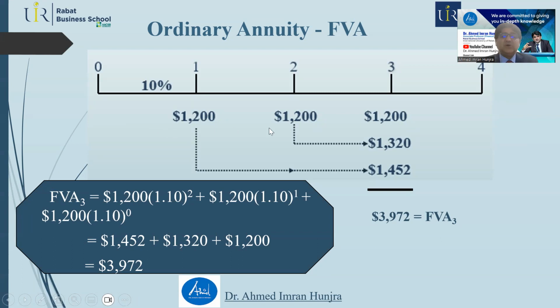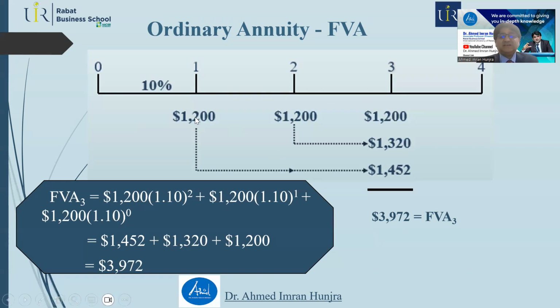So in this case, our investment is 3,600 over 3 different years, the size of the investment is the same each period, and this investment is made at the end of each time period, and it gives us the answer 3,972. So you can solve.